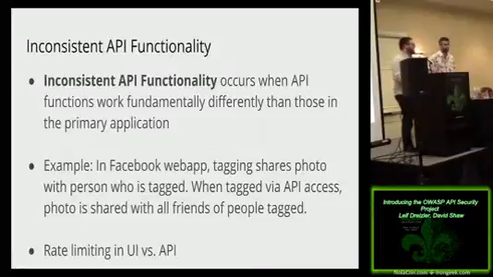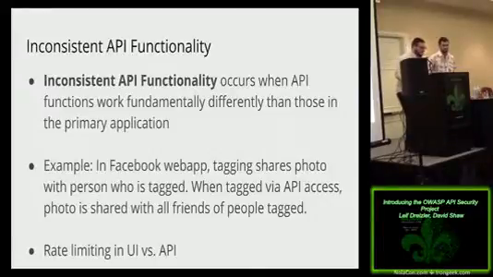There's like, yeah, we can just open up these functions. It's fine. We'll just write to the database. An example here would be, in a Facebook web app, tagging should share the photo with the person who's tagged. But sometimes, if you're tagged via API access, the photo's just shared with everyone, right? I mean, that's just not correctly mimicking the actual function that you're trying to implement via the API. Just saying, yeah, this is pretty much doing what it's supposed to.